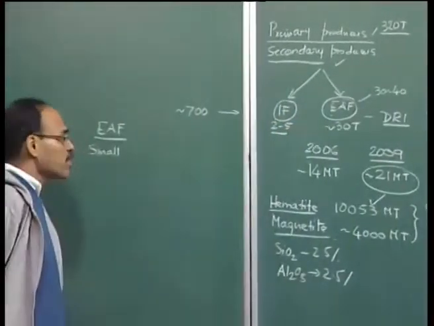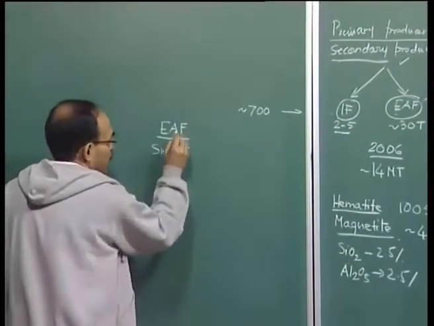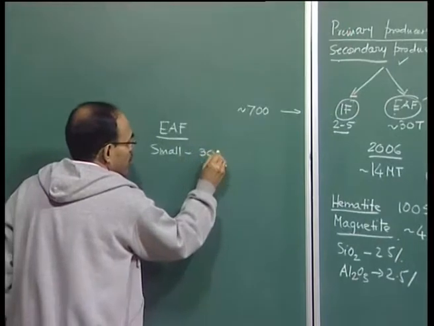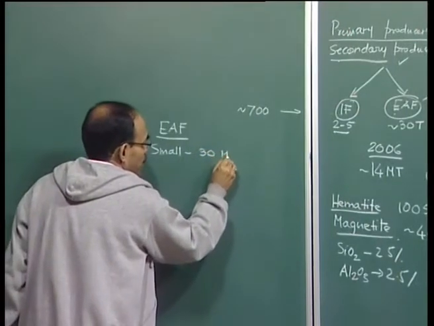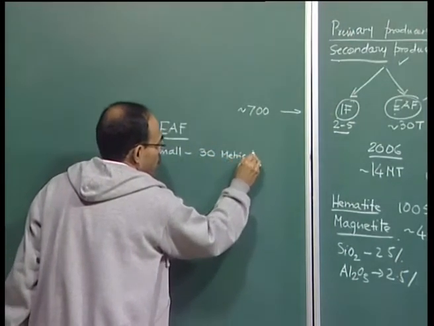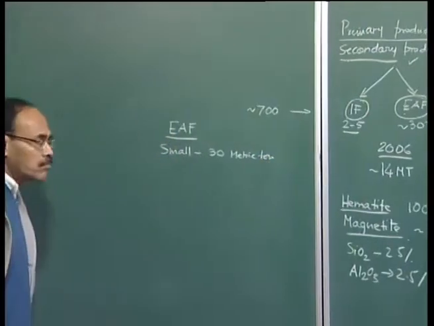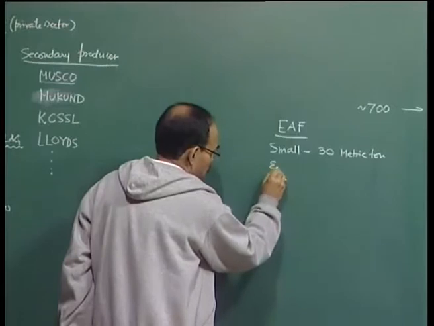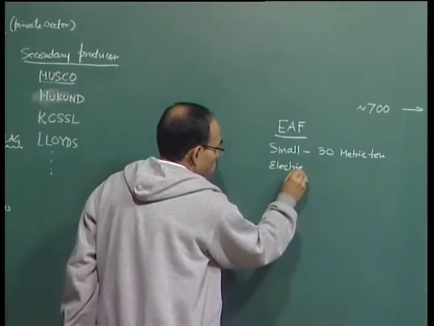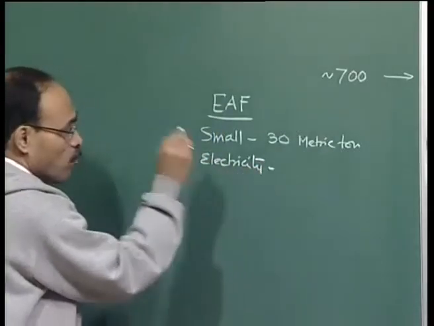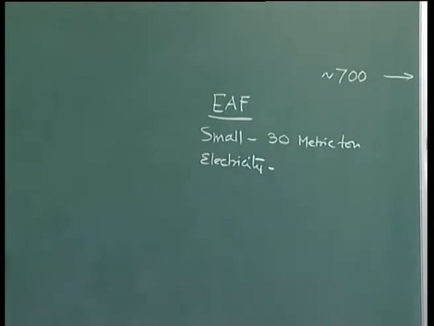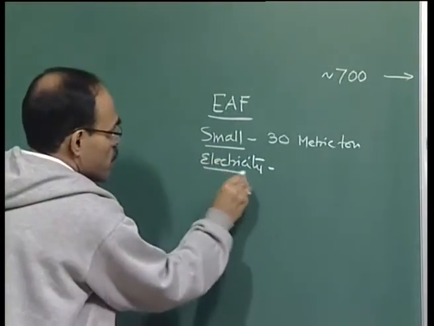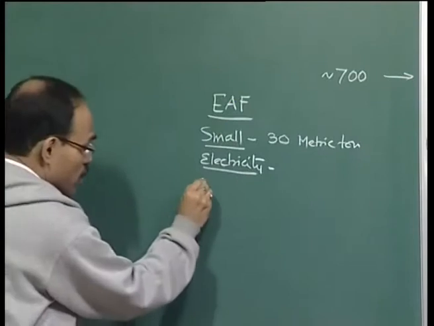In our country, the electric arc furnace size is small, barely about 30 metric tons. Electricity is a major problem. Well, this is a problem with induction furnaces also. We have problems with technology.